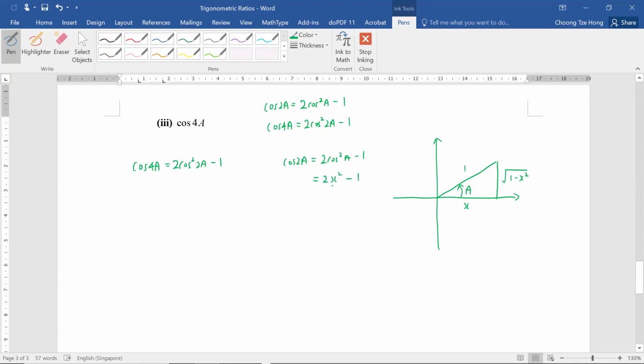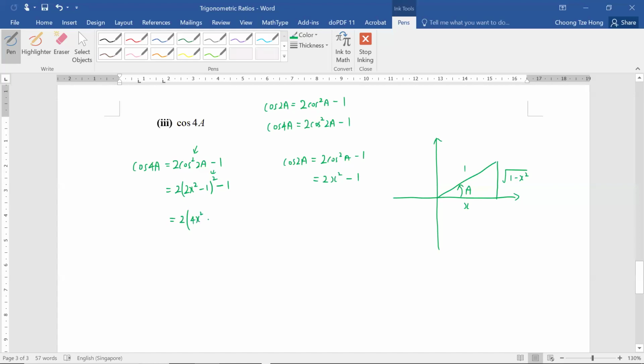Then we take this 2x squared minus 1 and sub inside here, because this down here is cosine square 2a. So it's 2x squared minus 1, all squared. Because cosine 2a itself is 2x squared minus 1, then there's a square here. All we need to do is expand this one, and we should be able to get the answer.